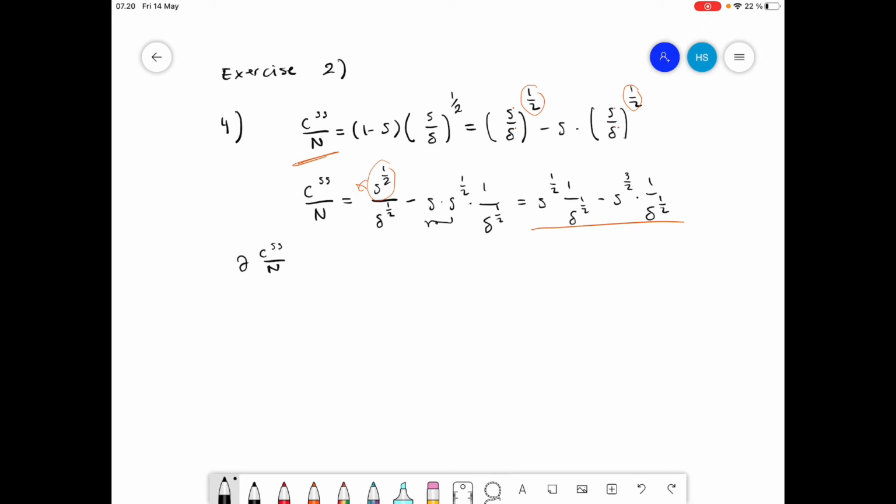So we take the consumption in steady state in per worker terms, and we differentiate it with respect to the savings rate and set it equal to 0, because we want to find that savings rate that maximizes the consumption in steady state in per worker terms.